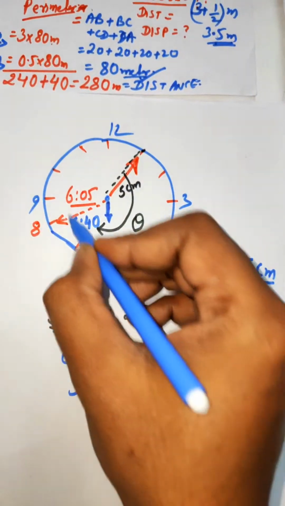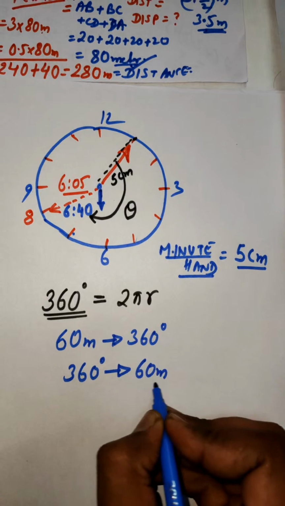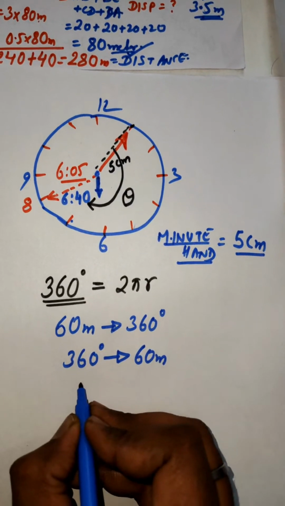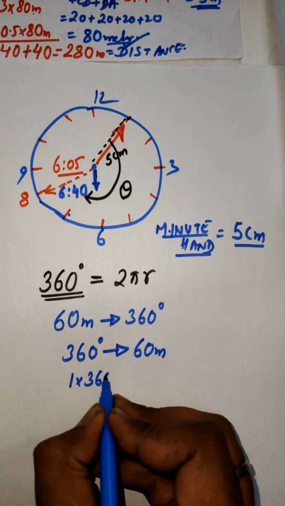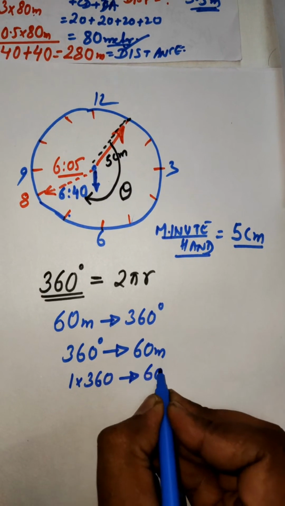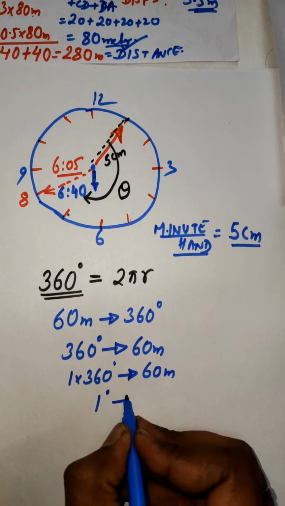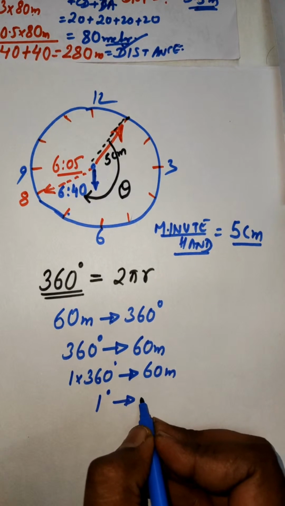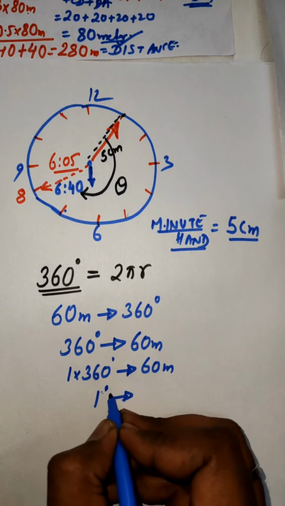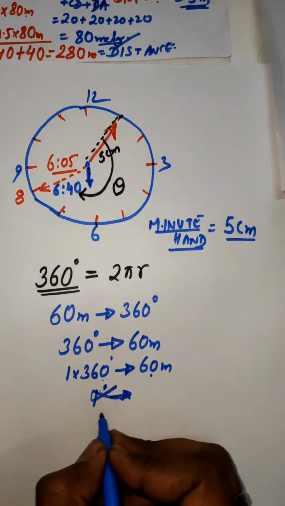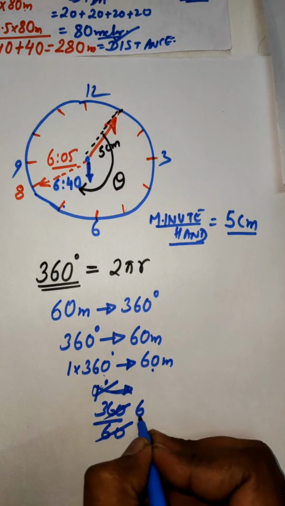When the minute hand completes 360 degree, it covers 60 minutes. So just apply the unitary method. 360 degree is 60 minutes. So in 1 minute it covers 360 by 60, so this will be 6 degree.